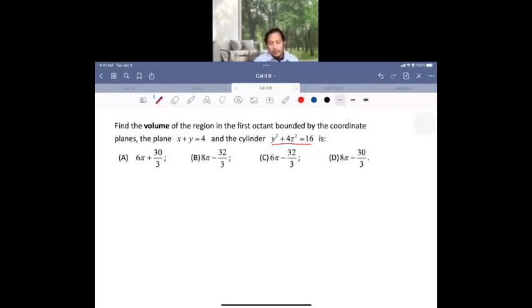If we imagine this from an isometric perspective, with z, x, y, the elliptical shape should be around here, right?